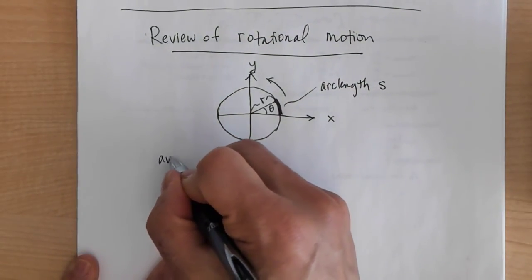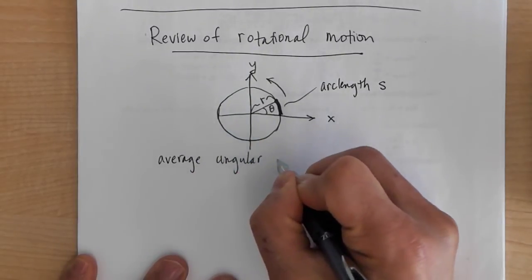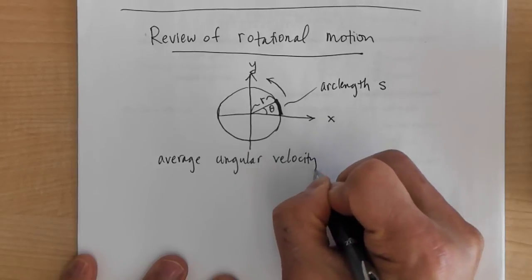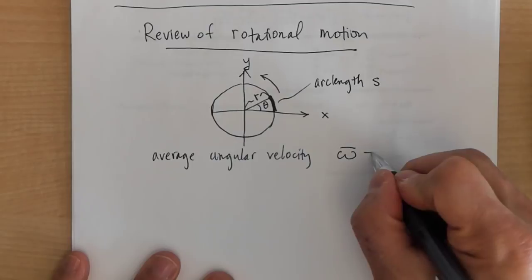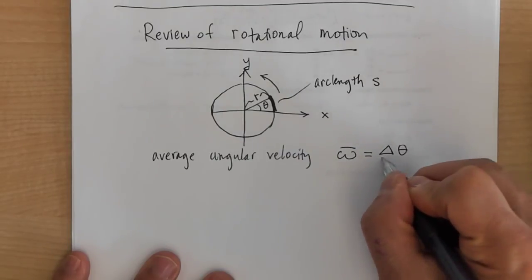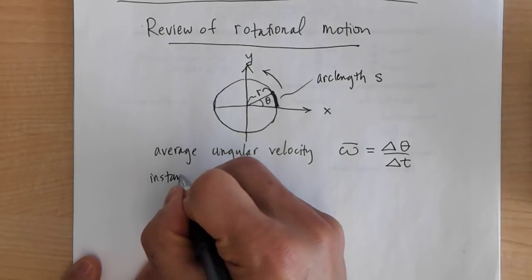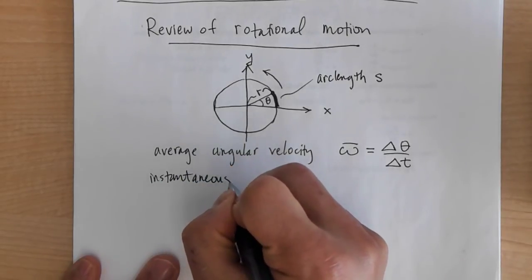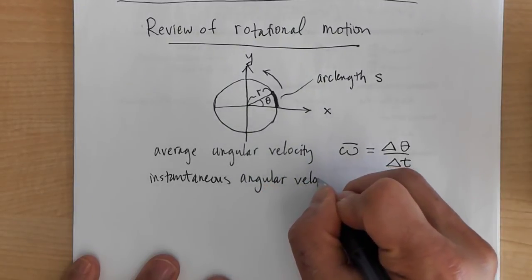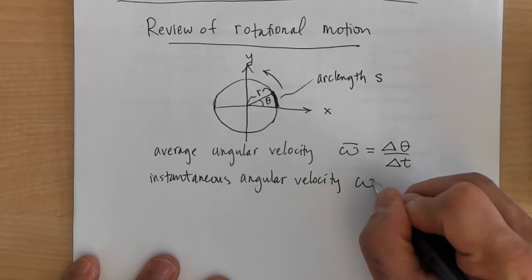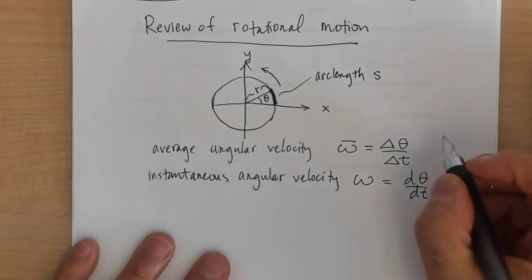Now hopefully this is familiar. We talked about the average angular velocity. We wrote omega avg or omega bar, and that's equal to the change in the angle over the change in time. We have the instantaneous angular velocity, and this was just plain omega, dθ/dt.